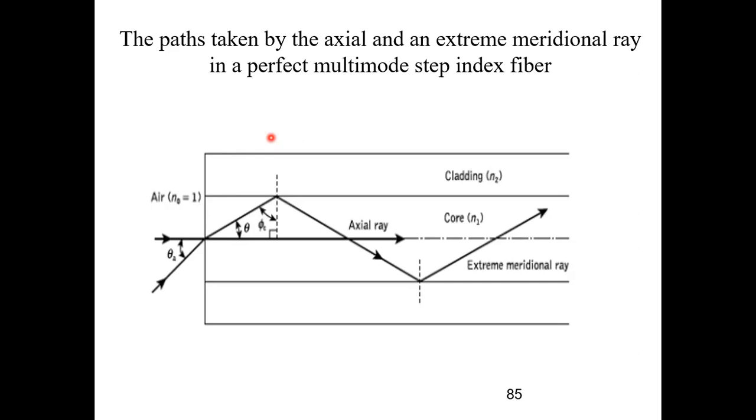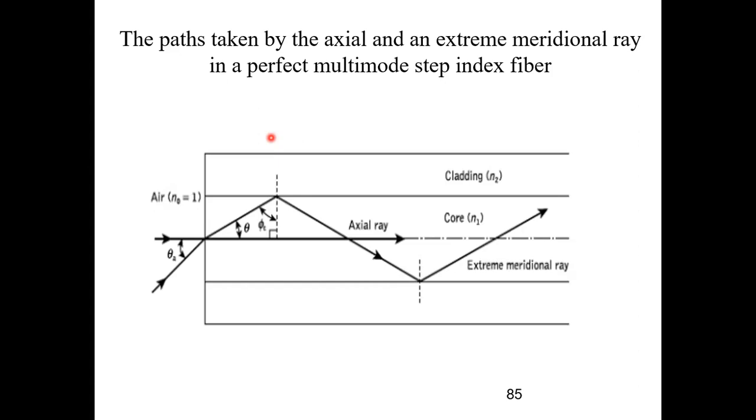Within the constant refractive index fiber core, the delay difference is directly related... can you tell me, directly related to what? Path difference. It will be directly related to their respective path length within the fiber.